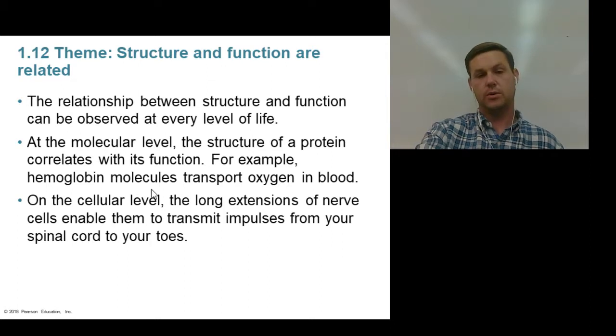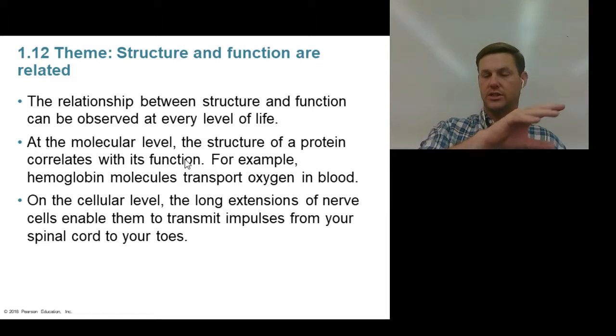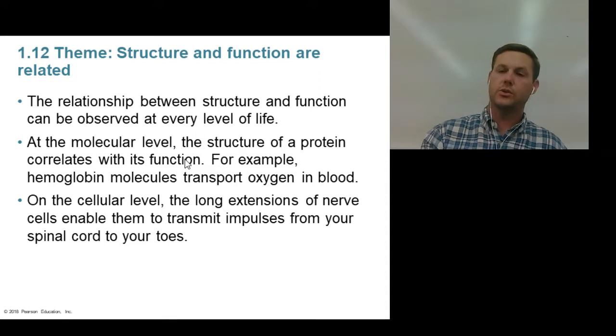For example, hemoglobin molecules transport oxygen in the blood. Those hemoglobin molecules are specifically structured to carry oxygen. It is a design component, and those are optimized designs. Evolution shaped the hemoglobin to be specific for its role.